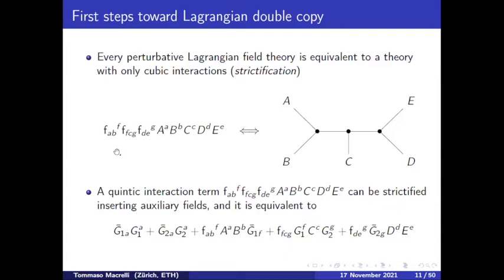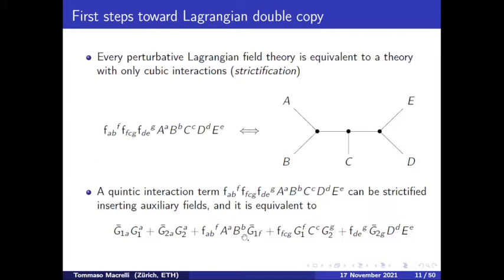As I showed in the slide, and this is something general, valid for every polynomial action, say that you have, for example, a quintic term like this. You can always write terms of this form as a sum of trivalent, cubic at most, contributions. And we do this by inserting auxiliary fields.